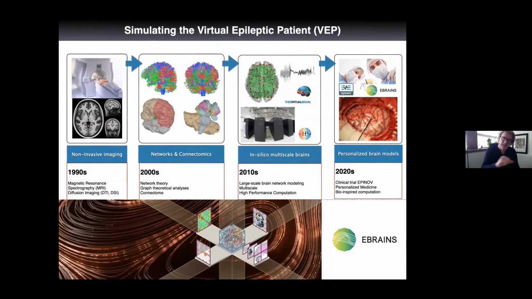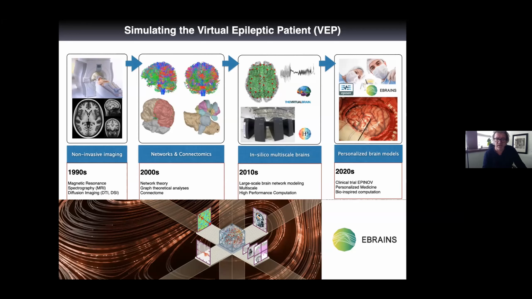Yeah. So the yesterday goes back 30 years by now, and for those of you who have not heard of The Virtual Brain, what has happened in the last 30 years is developments providing us more details about structural constraints we can put upon brain network models, in particular with the advent of diffusion imaging in the 90s, which has contributed a lot to the field of network science that in this form at that time did not exist.